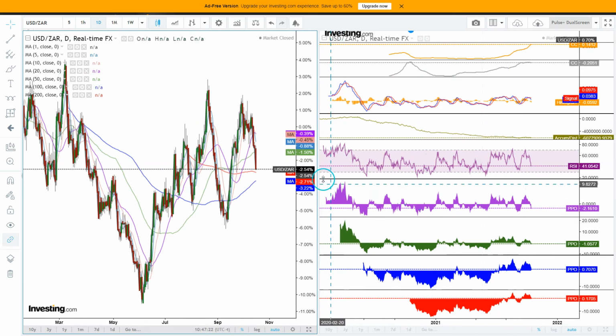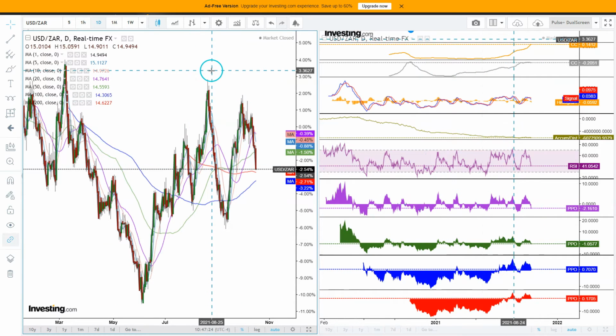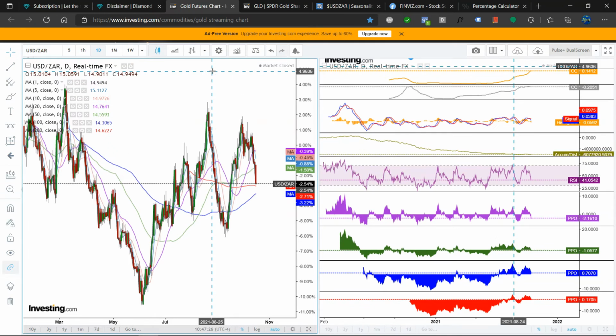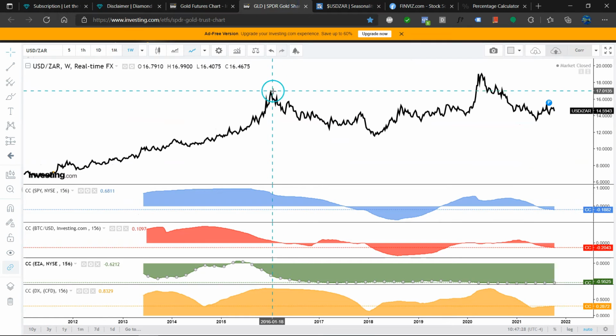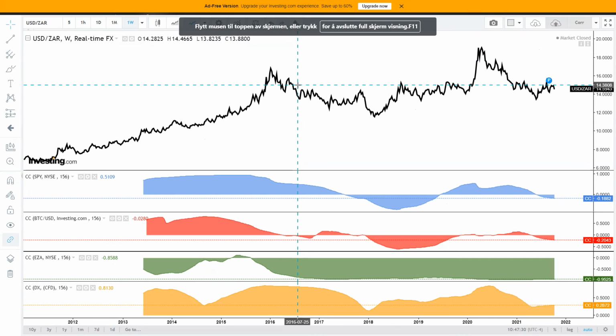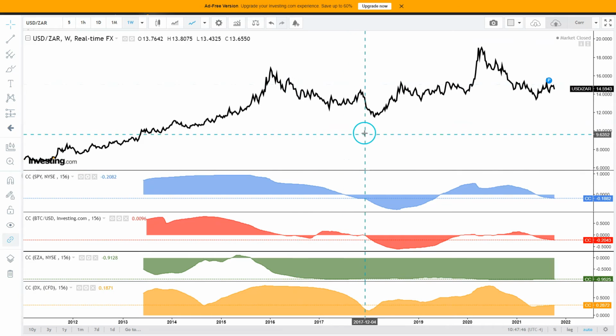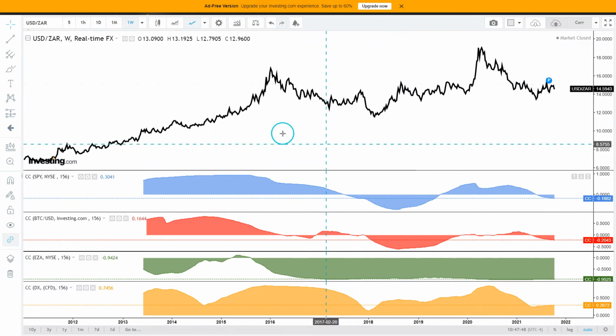So that is more temporarily bullish. So even though from a longer term picture you could make the case that we have maybe a more major bearish pattern in development, looking more shorter term, there's more and more evidence now of a potential bullish trade, which would mean that the US dollar would strengthen vis-a-vis the South African rand.